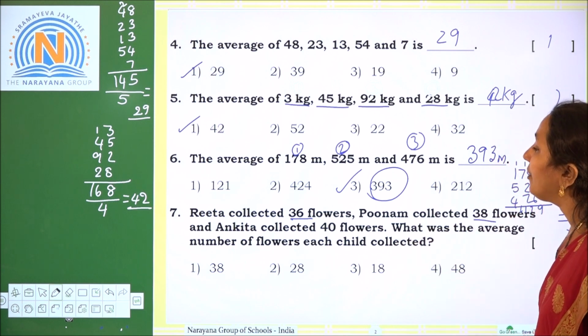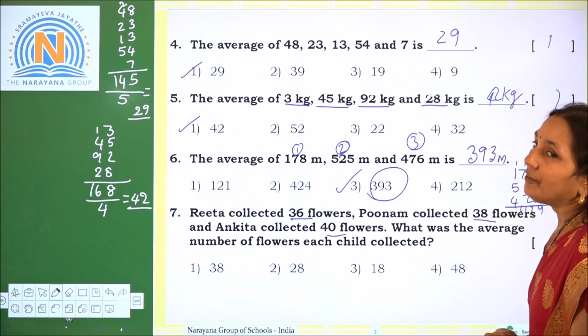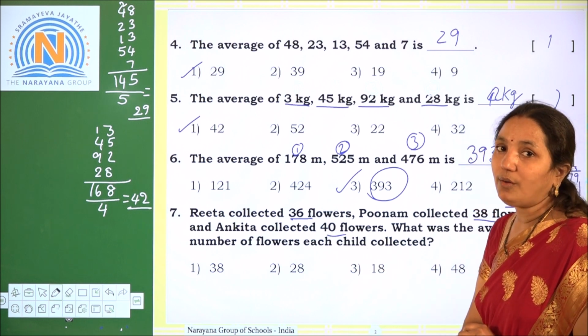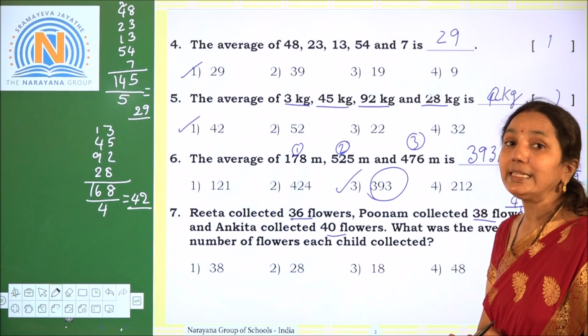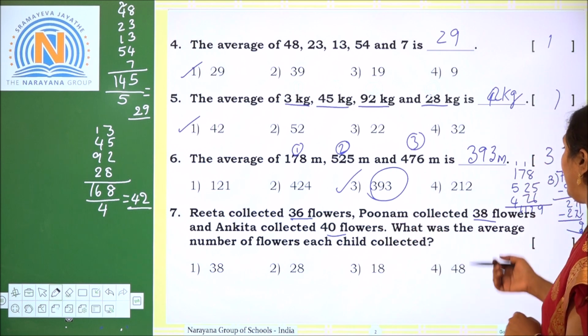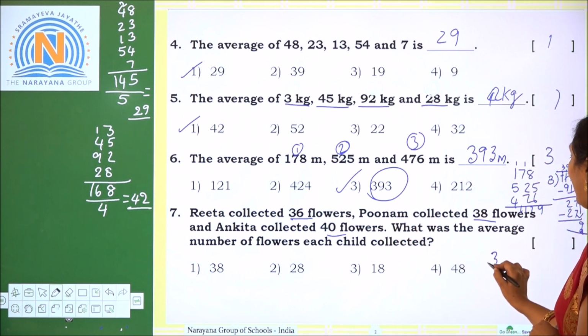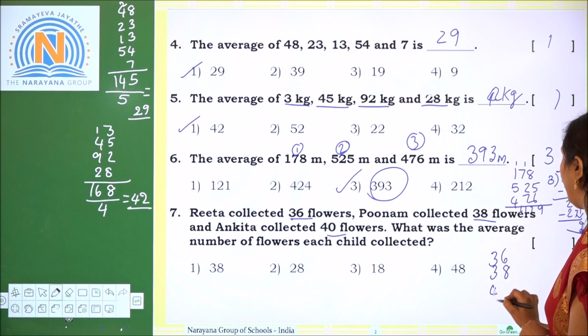Number of flowers collected by Ankita, 40. So we can find the average of the flowers, meaning how many each child will get on average. First we have to add the 36, 38 and 40.